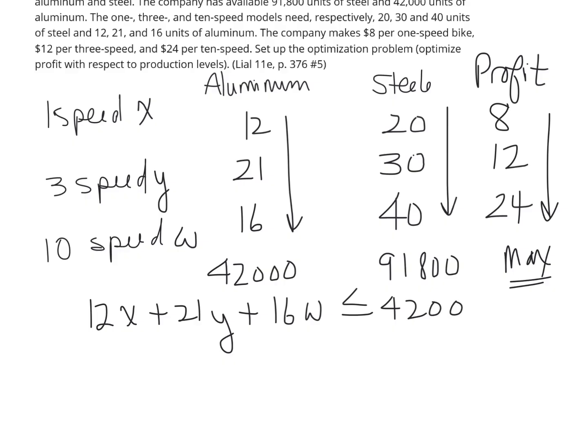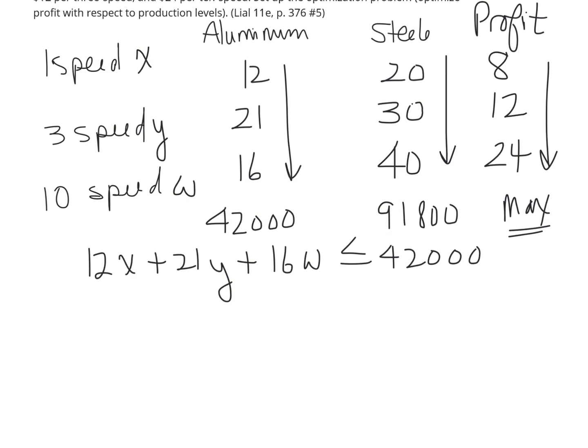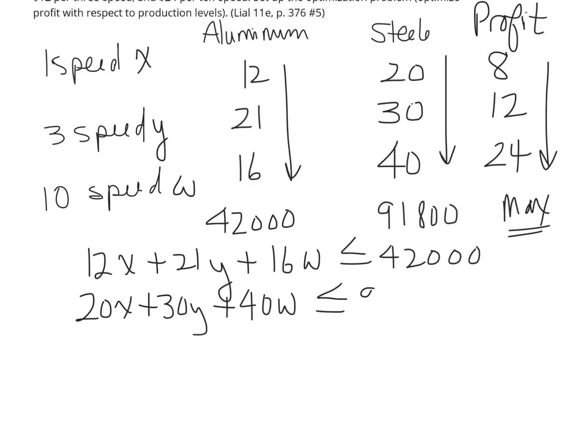So we're looking at how we're going to use the aluminum, that resource aluminum. The next one we're going to use is steel. So we have 20x plus 30y plus 40w, and that has to be less than or equal to 91,800 units of steel. That's all this manufacturer has.